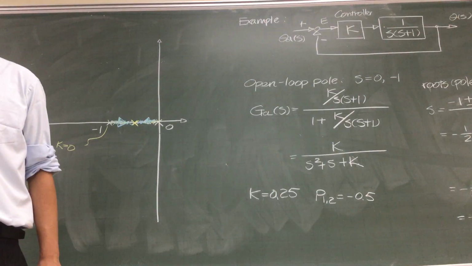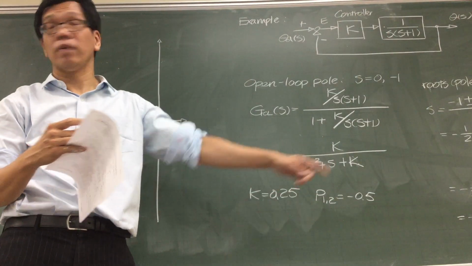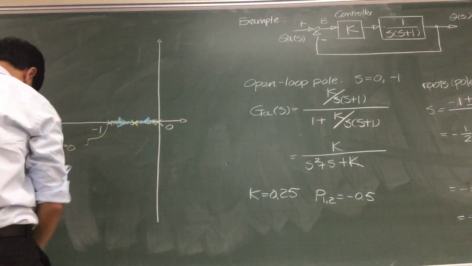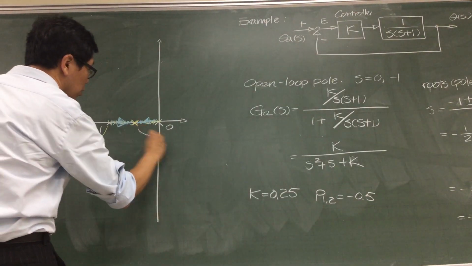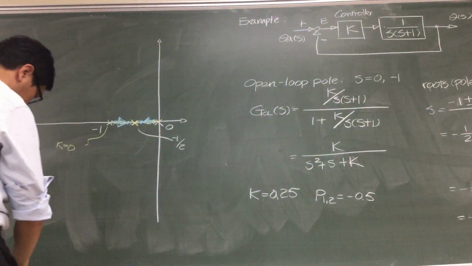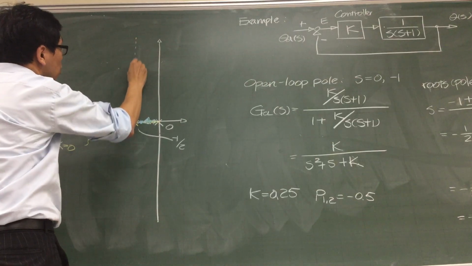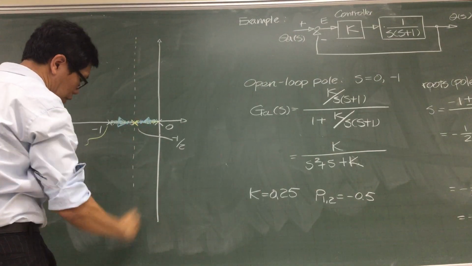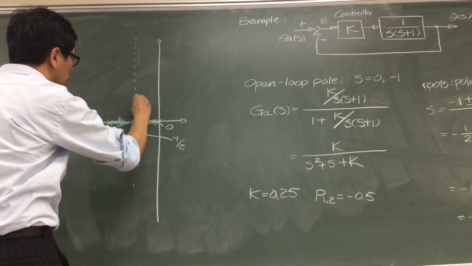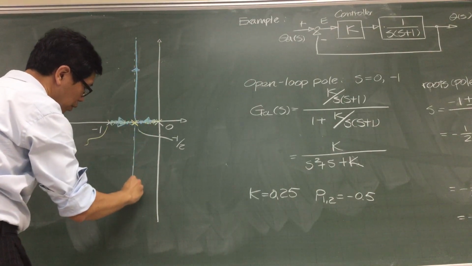But the key is the real part of the pole remains the same, which means they are always at negative 0.5. I'll have one move up and the other one move down.